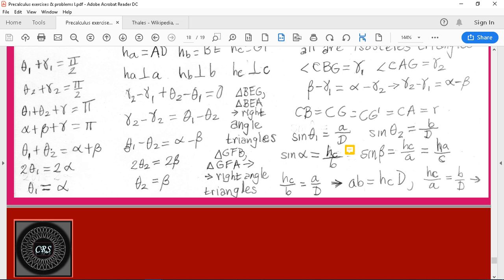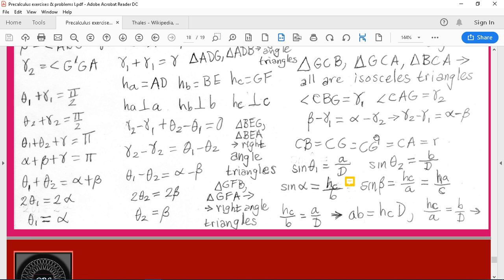If we add these two, we have 2 theta 1 equals 2 alpha, and therefore theta 1 equals alpha. If we subtract these two, we have 2 theta 2 equals 2 beta, or theta 2 equals beta.